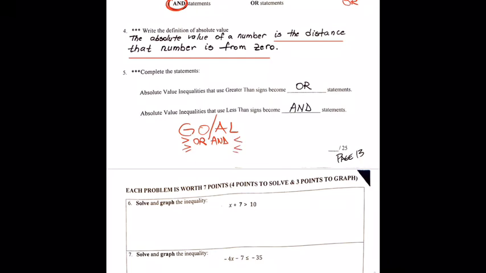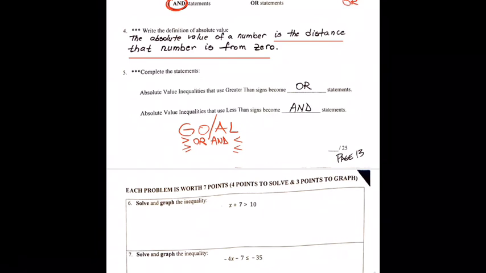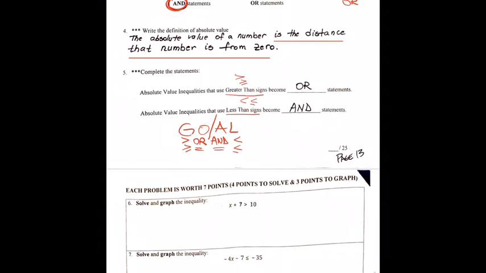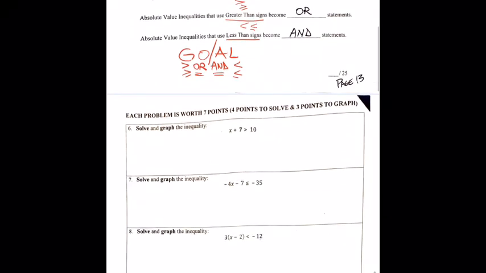So now if we look at number 5, it's asking us absolute value inequalities that use greater than signs become or statements. And absolute value inequalities that use less than signs become and statements. So this is easy to remember by remembering the acronym.